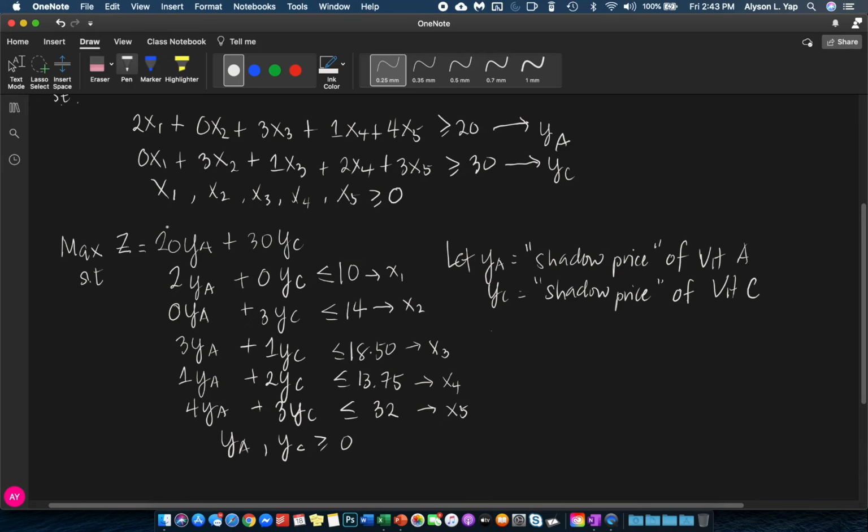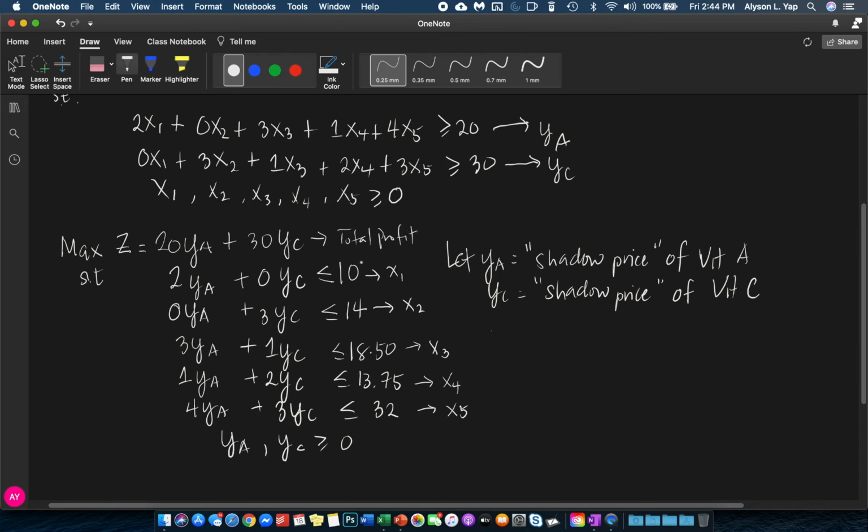And because I am the pharmaceutical company and I plan to sell vitamin A and vitamin C capsules to the family, I would like to maximize my profit. And that is why the objective function of the dual problem is to maximize this function, 20YA plus 30YC. Because in the end, that's your total profit or revenue, whatever.